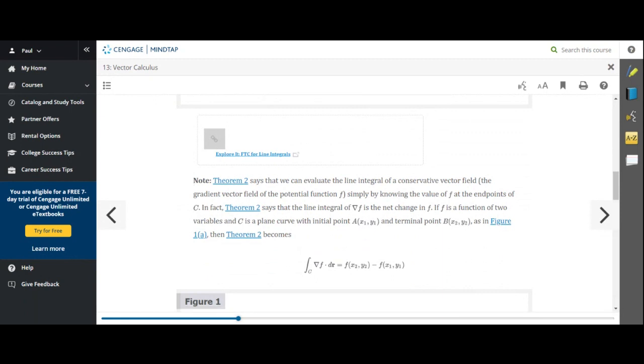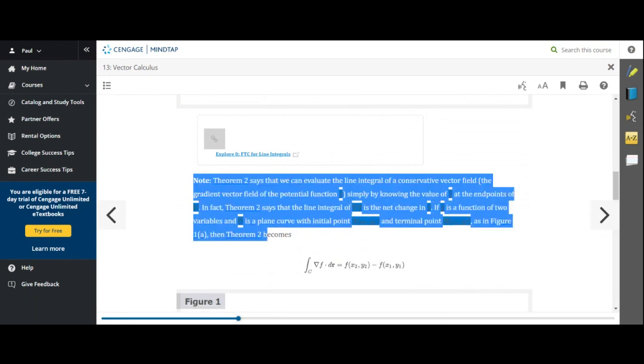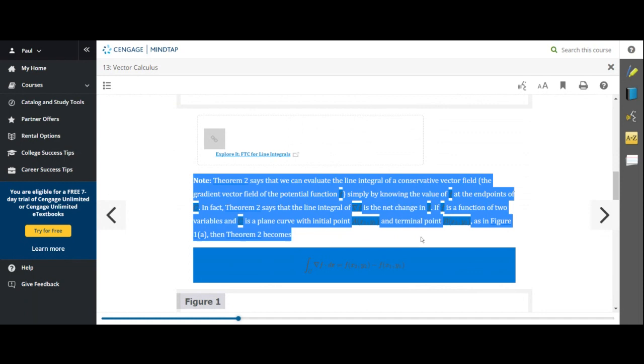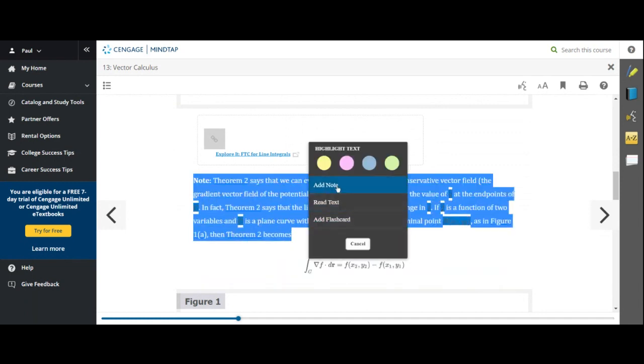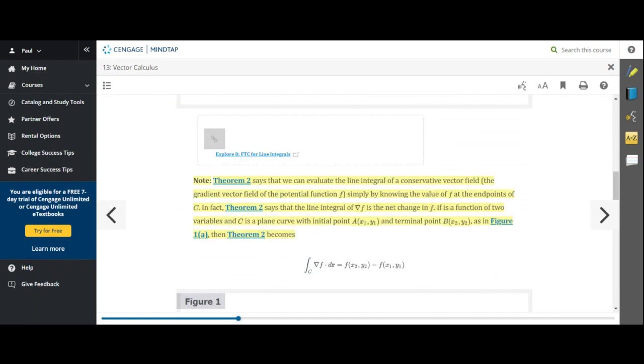Now let's highlight a few things here. So this theorem, Theorem 2, the fundamental theorem of line integrals, says we can evaluate the line integral of a conservative vector field. If the vector field F is the gradient of some function, then F is a conservative vector field.